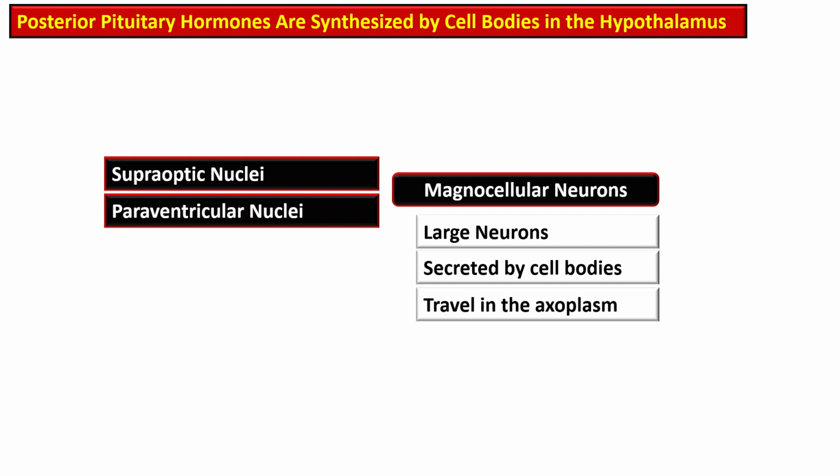The hormones are packed into secretory vesicles in the neuron cell bodies, and they travel down the axon via axoplasmic transport through the pituitary stalk or infundibulum. They are stored in axon terminals located in the posterior pituitary or neurohypophysis. When stimulated, these neurons release the hormone into the bloodstream from their terminals.